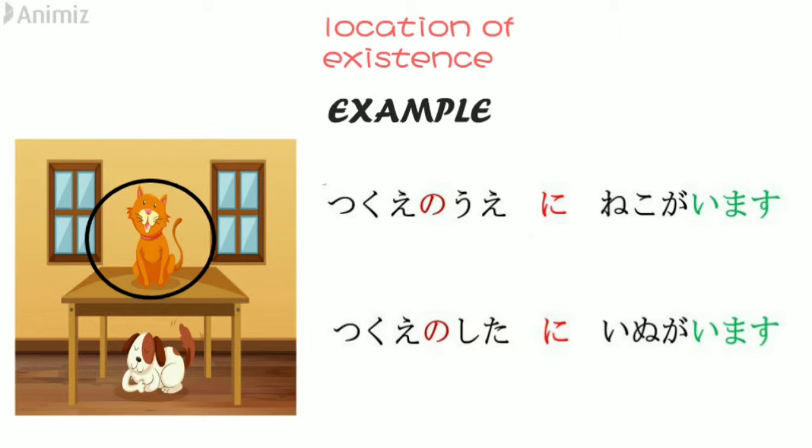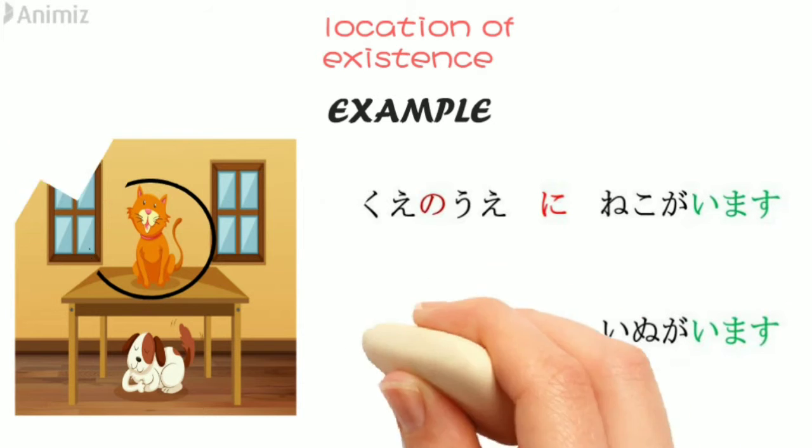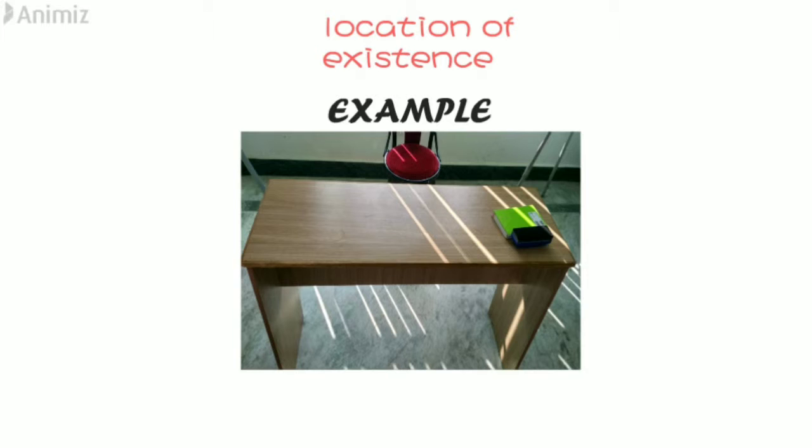Now let us talk about the function of particle ni for inanimate objects, for non-living things. Let us take a look at this picture, and if you want to talk about the position of the book, how do you say it?